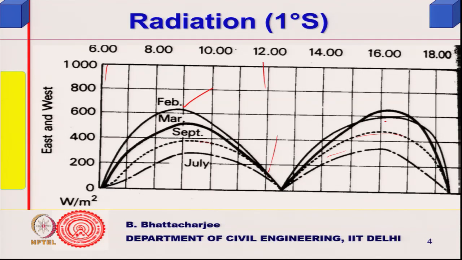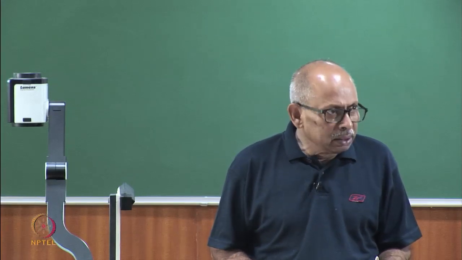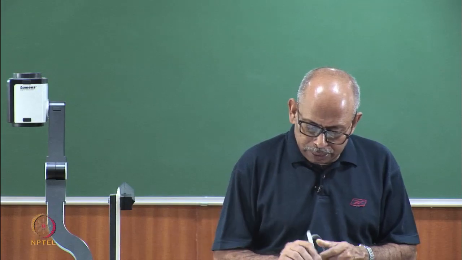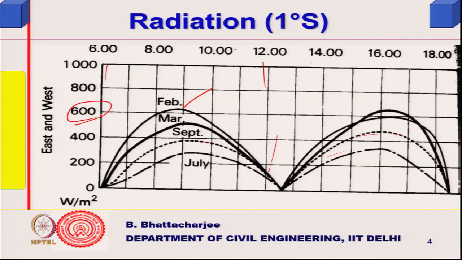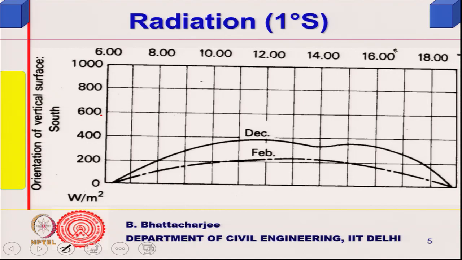So, close to the equator the tendency is to get radiation. This variation is of the order of around 600 watt per meter square.